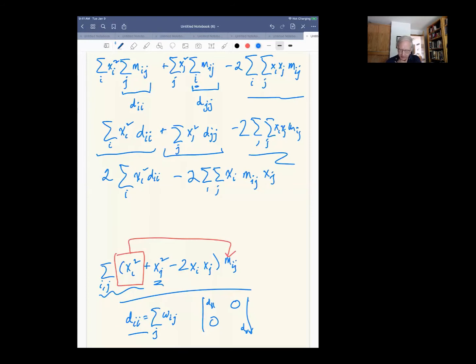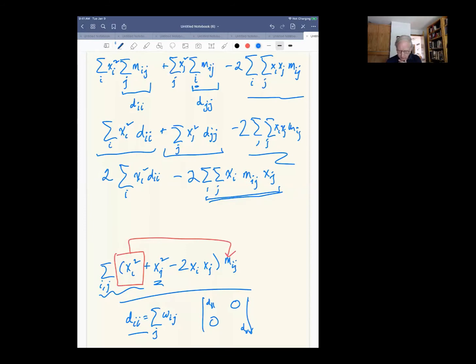Why am I doing that? I'm doing that so that this notation makes you think about this as the product of, you could say, 3 matrices, but it's really the product of a transpose vector, a matrix, and a vector.